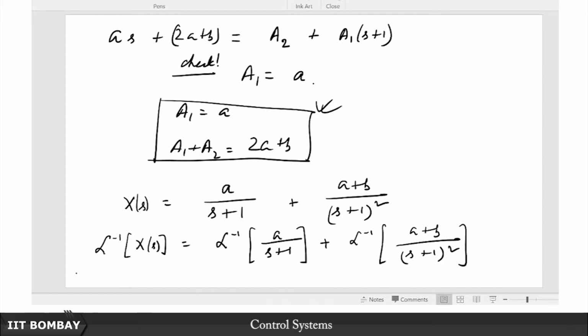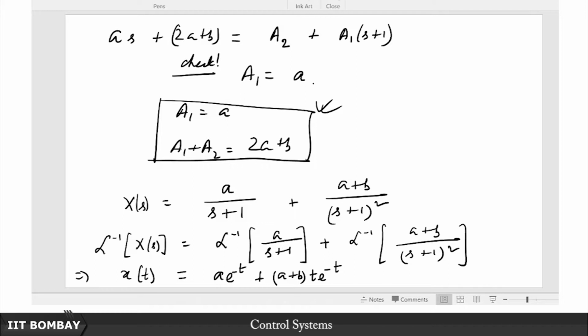And now of course we know that the left hand side is nothing but the x of t that we seek as a solution to that differential equation, and the right hand side will tell us that this is nothing but a e to the power minus t plus (a plus b) times t e to the power minus t. So this t comes in because of this squared term below. Okay, so whenever we have these repeated poles, we have some powers of t appearing.